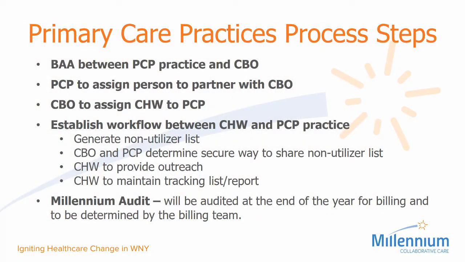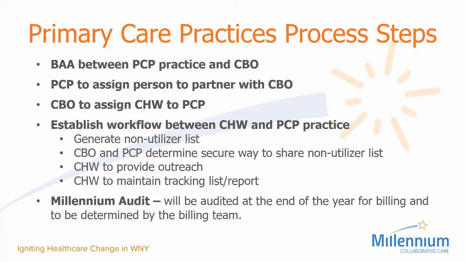Again, these are some of the steps called out here. We know that there has to be a BAA between the primary care practice and the CBO. The primary care practice also needs to identify a person to work directly with that CBO representative. The CBO office has to do the same, and then now you have that team.